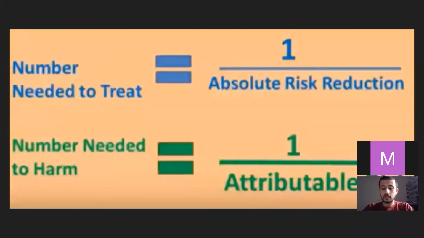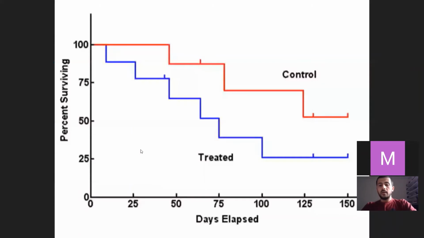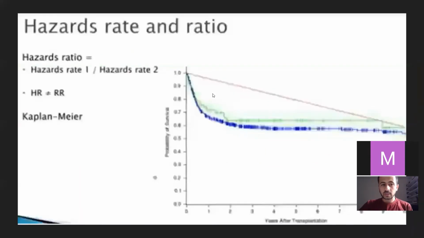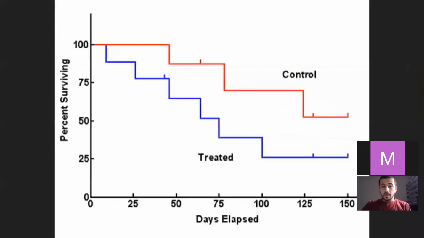Exactly. Okay. Here we have that chart, and that chart is actually named Kaplan-Meier. Kaplan-Meier says that we start with 100 patients, and after a while they will die, or they will have the outcome, a bad outcome usually.